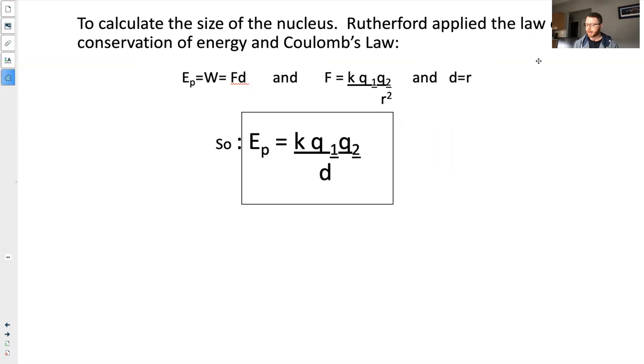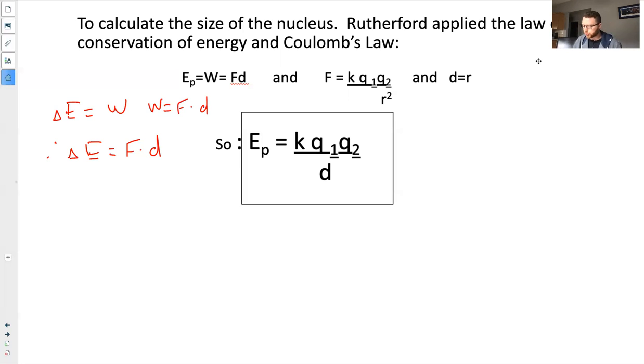So remember, if we have a change in energy, this means there's work being done in the system. So work is equal to force times distance, right? Change in energy is equal to work, and work is equal to force times distance. Therefore, change in energy is equal to force times distance.